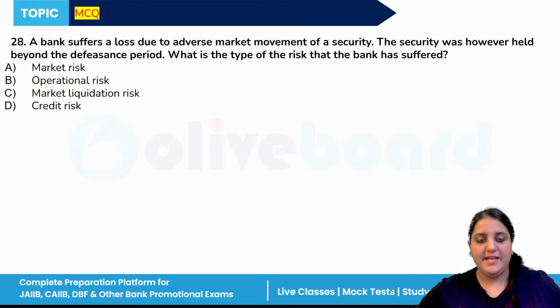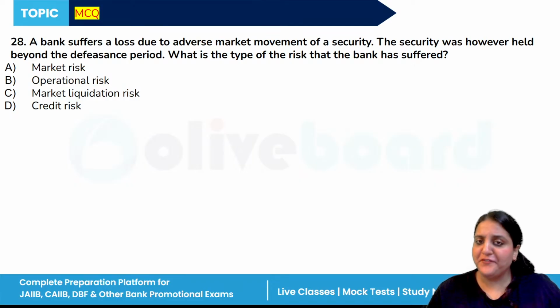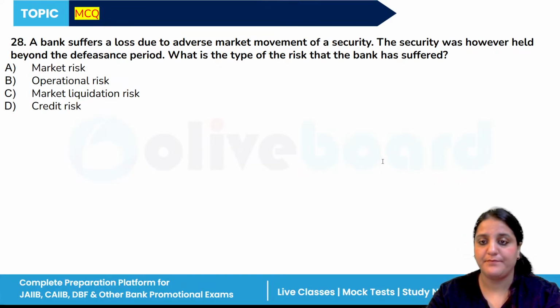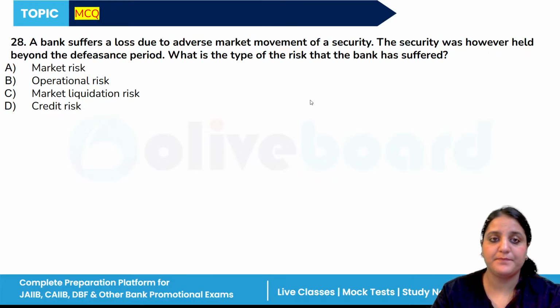Now, if a bank suffers a loss due to adverse market movement of a security, the security was, however, held beyond the deficiency period. Which type of risk will the bank suffer? So what is the meaning of this deficiency?